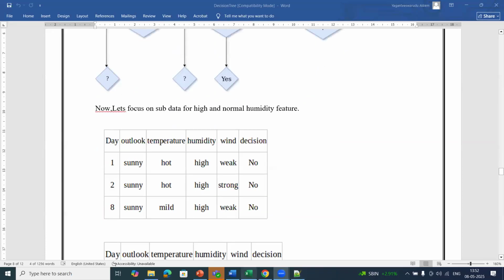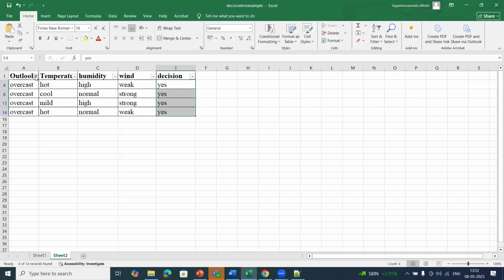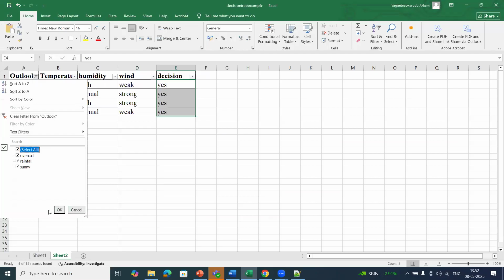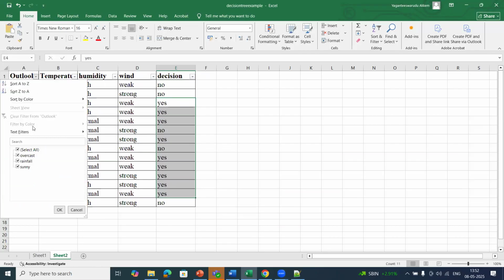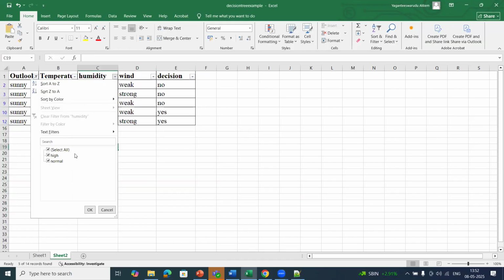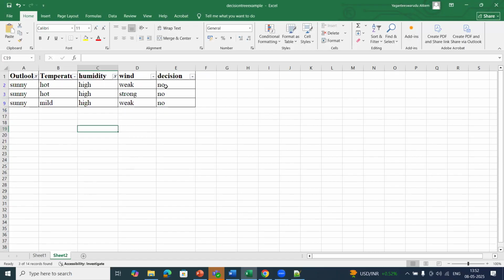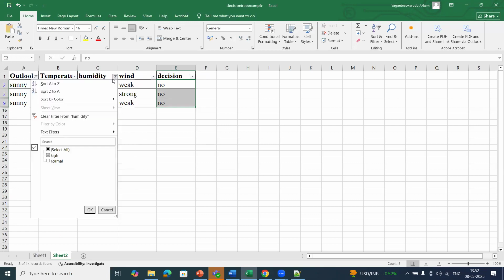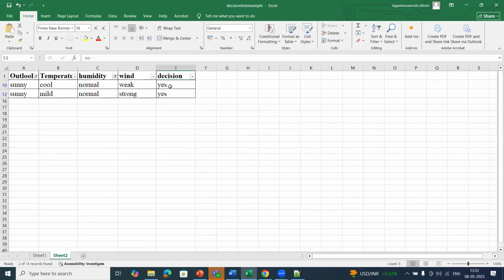So if I separate outlook equal to sunny and humidity is high, irrespective of other features, the decision is no. And similarly, if humidity is normal, irrespective of other features, it is yes.